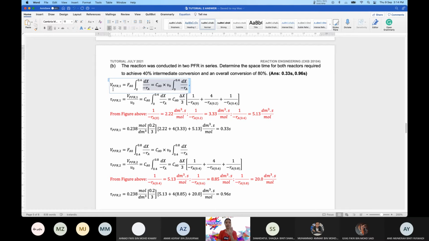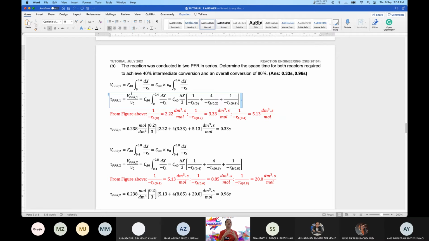So design equation PFR, volume PFR1, again sebab ada dua reaktor, of course space-time dia akan berlainan. Okay, kita cari untuk space-time reaktor pertama. So the volume of the first reactor equals Fa0 integrating from 0 to 0.4 dX per minus rA.